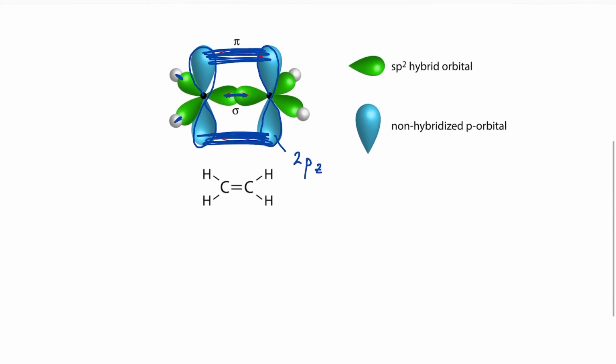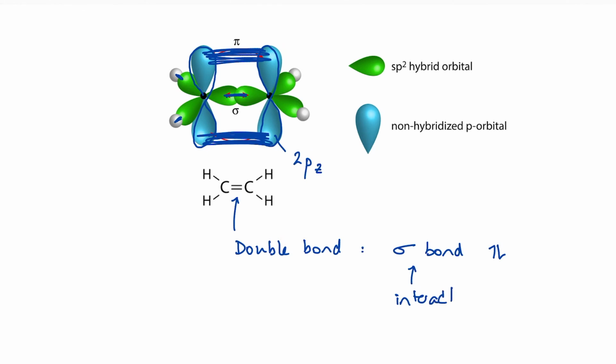So when we have a look at the classic Lewis structure for ethene, and we see there that we've got a double bond, valence bond theory is telling us that what we've got is a sigma bond, and that holds a pair of electrons, and that is the result of the interaction between 2 sp2 hybrid orbitals.